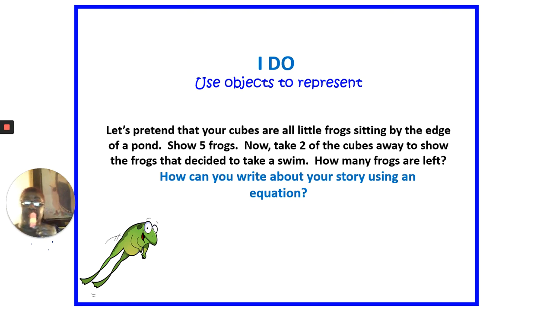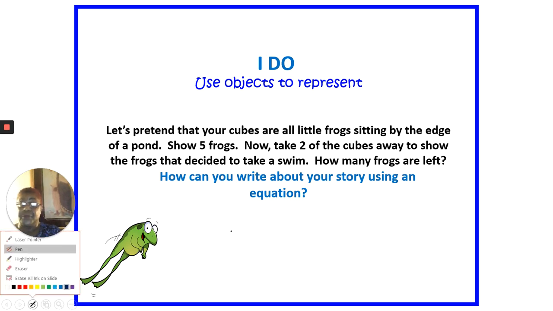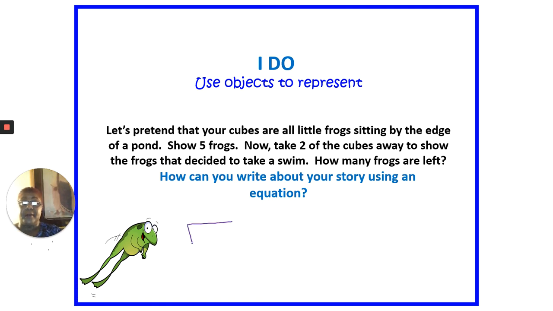Can you help me make this equation? How many did we have in all? 5. We took away 2 that went to go for a swim.